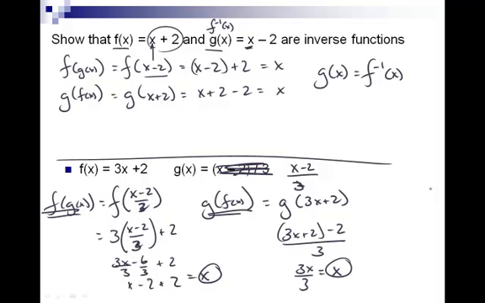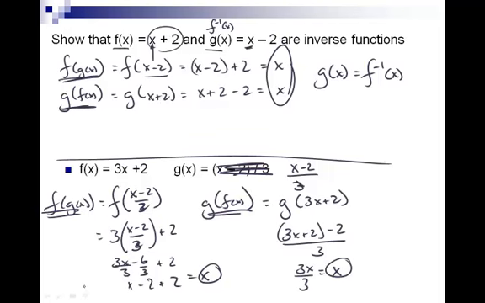And again, we can call g of x f inverse of x. So this is how we work it if we are given two functions and asked to determine whether or not they are inverses. We do the composite of f of g of x and then the composite of g of f of x. If both of those simplify to x, we can say that these two functions are in fact inverses of each other.